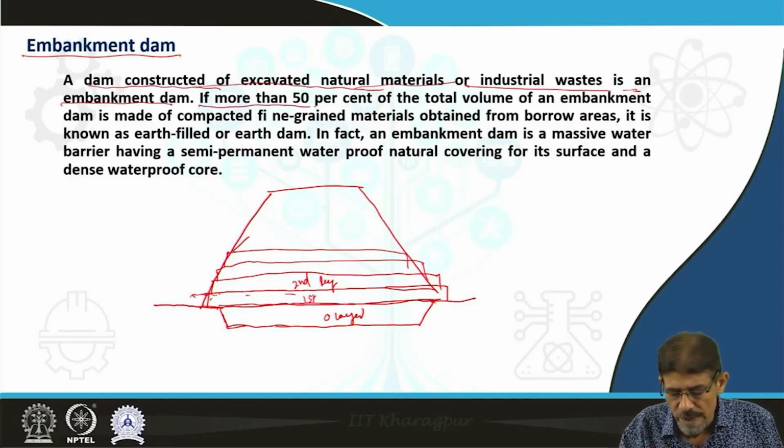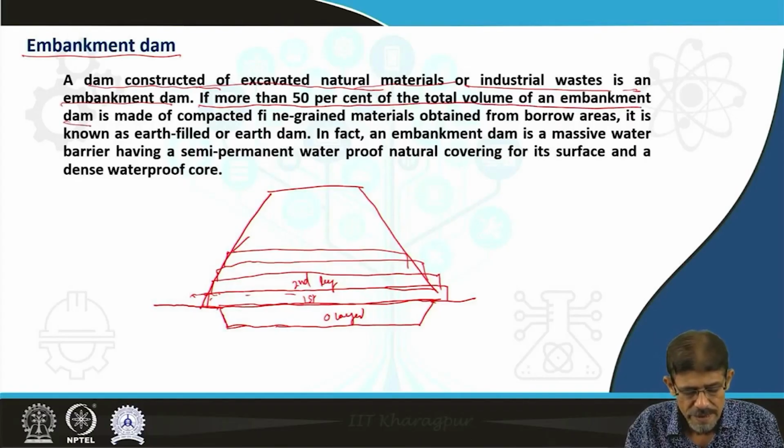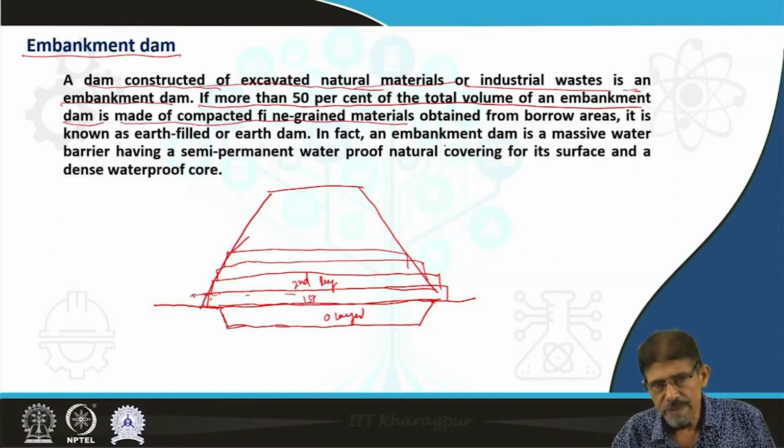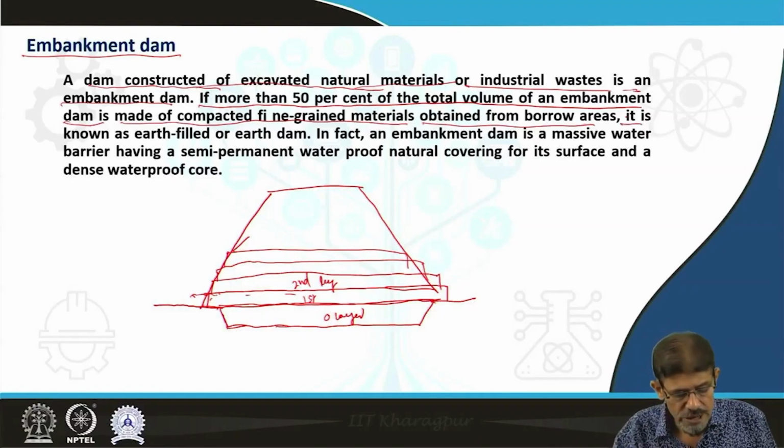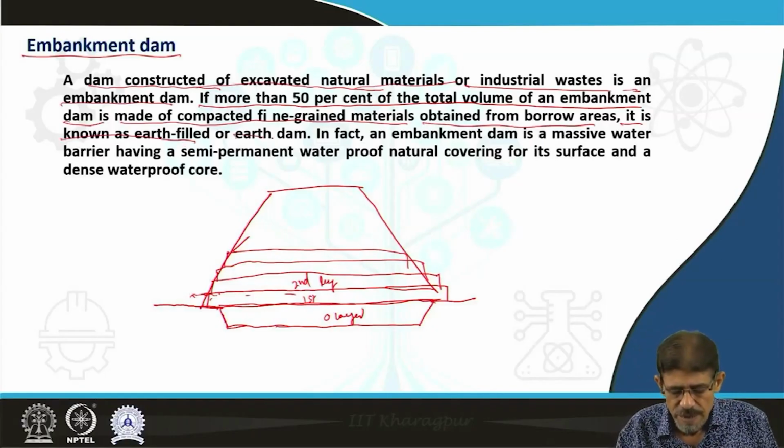If more than 50% of the total volume of an embankment dam is made up of compacted fine grained material obtained from some area, subgrade or soil, it is known as an earth filled dam or soil filled dam, or simply earth dam.